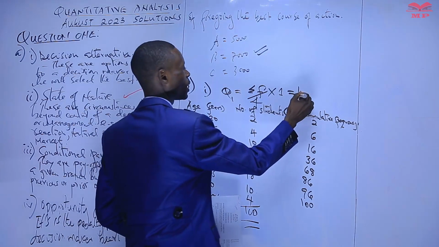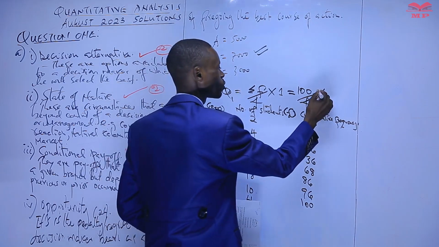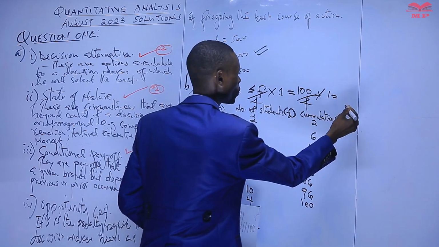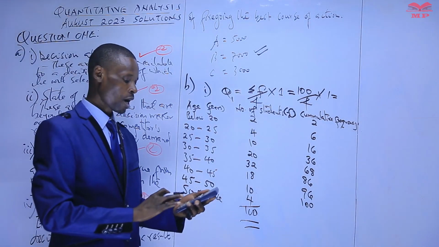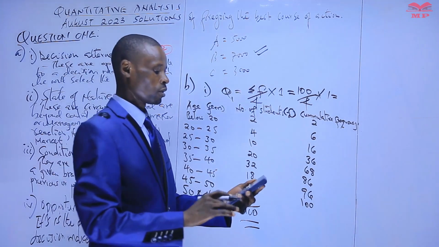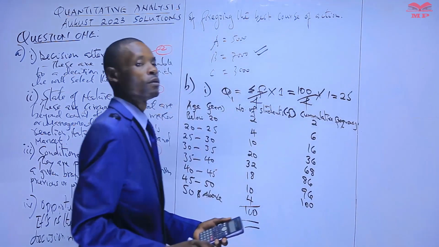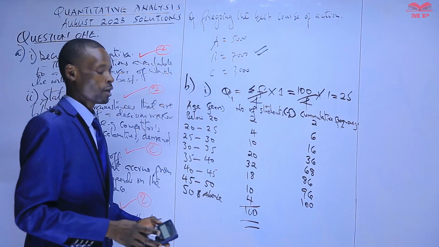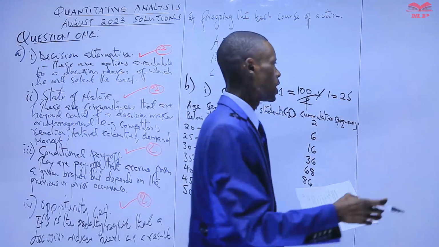So I'll have 100 divided by 4, then times 1. That will give us 25. 100 divided by 4, yes, 25.